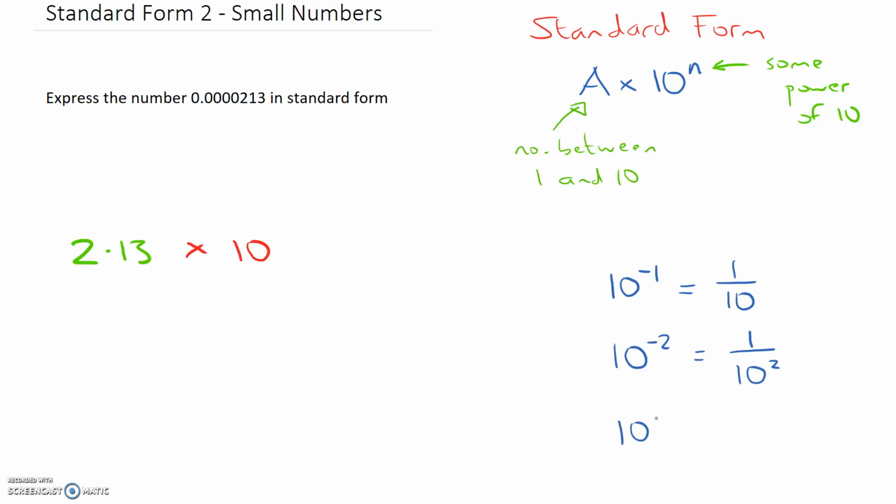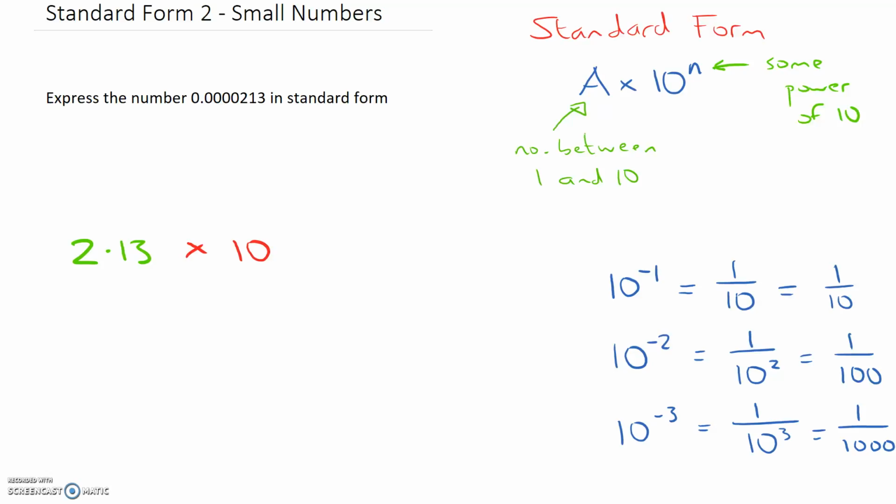And 10 to the power of minus 3 was equal to 1 over 10 to the power of 3. Okay, so what do these work out to be? Well, a tenth is done already. This is going to be 1 over 10 squared, which is 100, a hundredth. And this is going to be 1 over 10 cubed, 10 times 10 times 10. So 1,000 on the denominator, which gives us a thousandth.